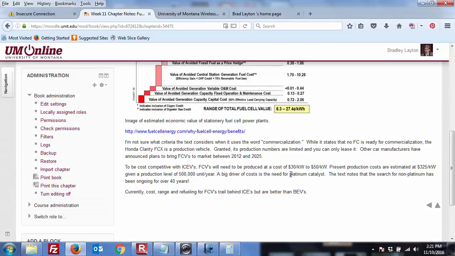Platinum catalyst to pull that hydrogen apart. Non-platinum catalyst, been ongoing for 40 years, maybe a little further along. Okay, well that's the reading.